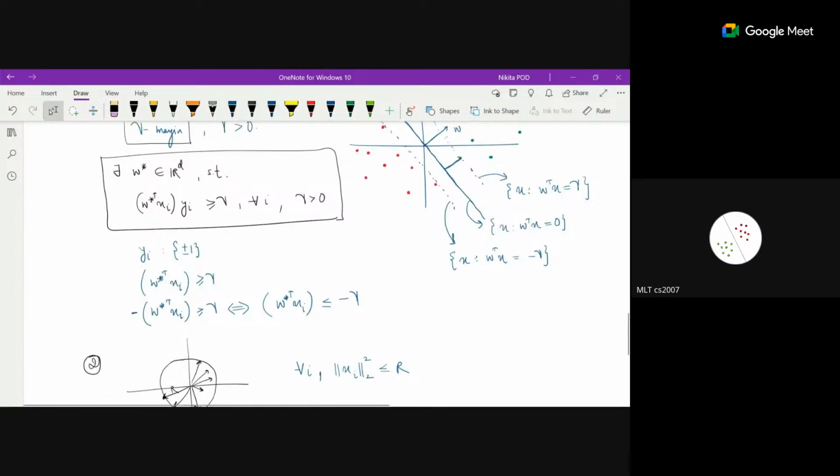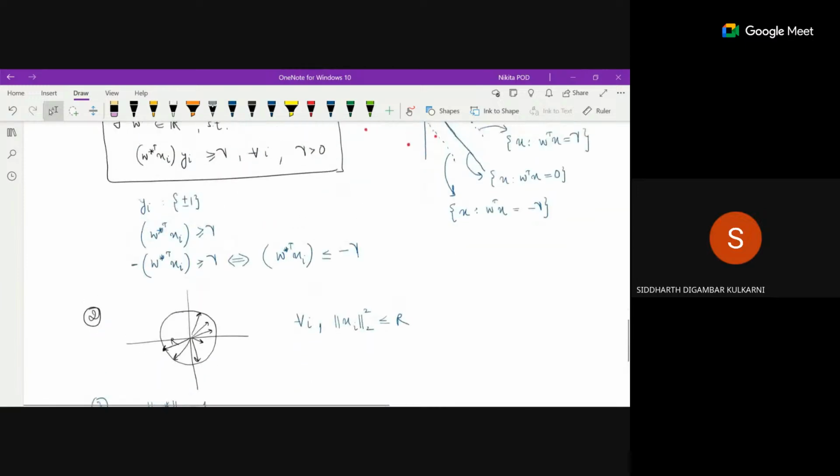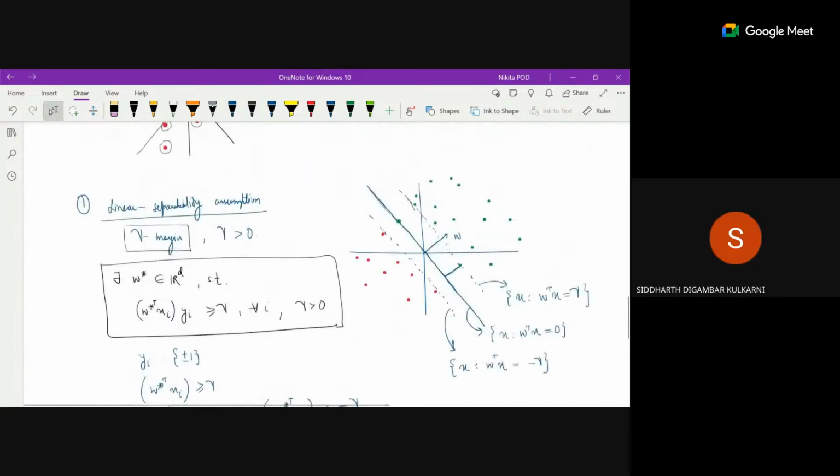Ma'am, in this figure which you have drawn, the distance between the solid line, w transpose x equal to 0, and the dotted lines, if that distance has to be gamma, then w has to be a unit vector, right?